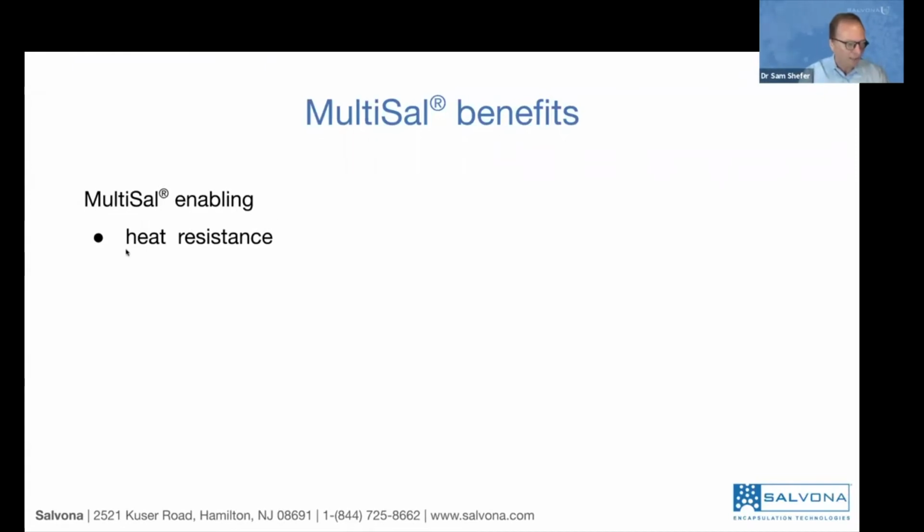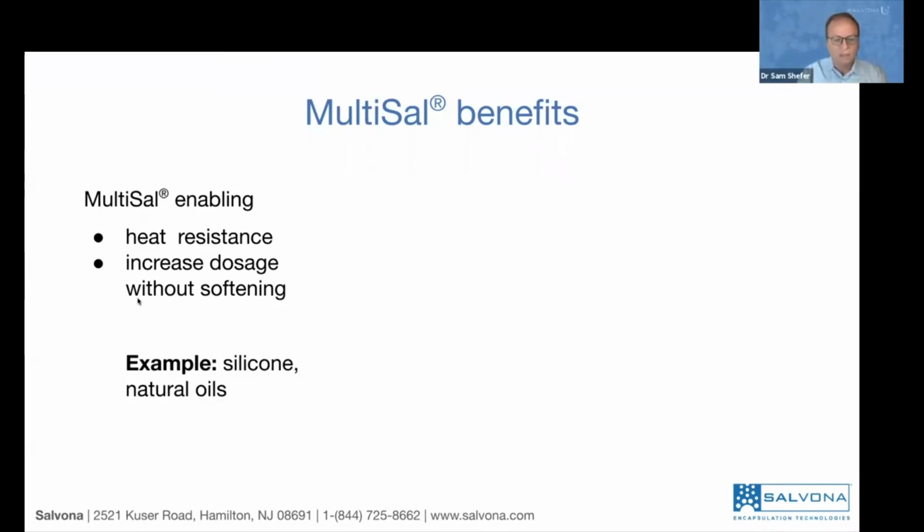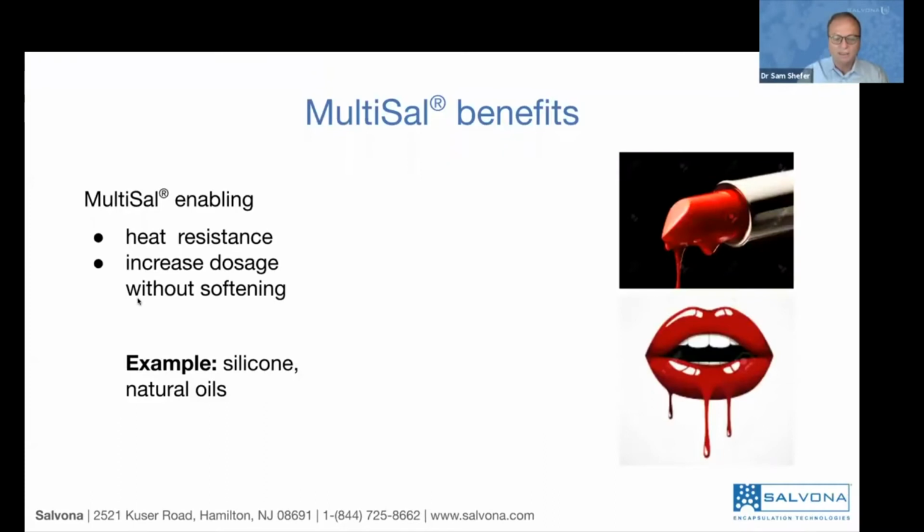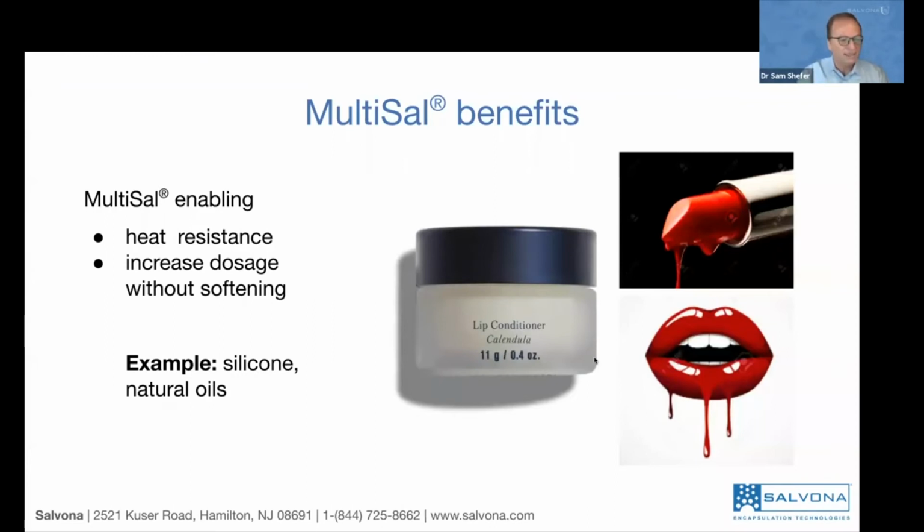So MultiSal enables heat resistance and increases the dose. You can increase the dose of material within the lip balm and it will not make the lip balm soft. For example, you can use silicone at a much higher concentration than you can now, and therefore you can get long-lasting shine, long-lasting softening effect. So this is the basic benefit.